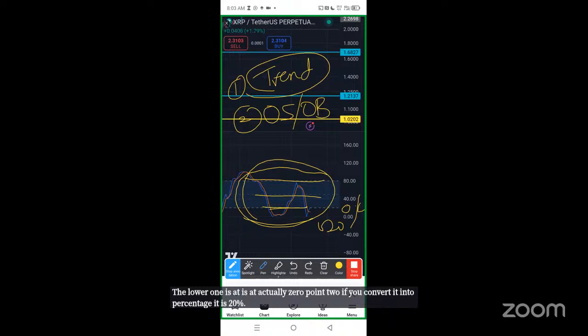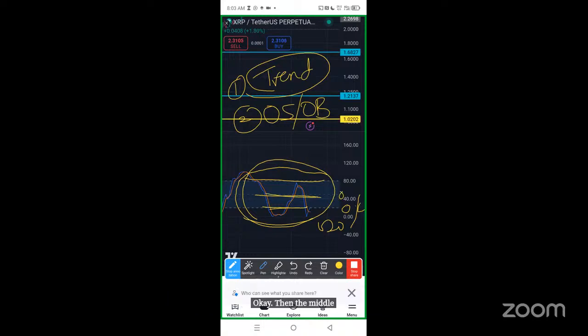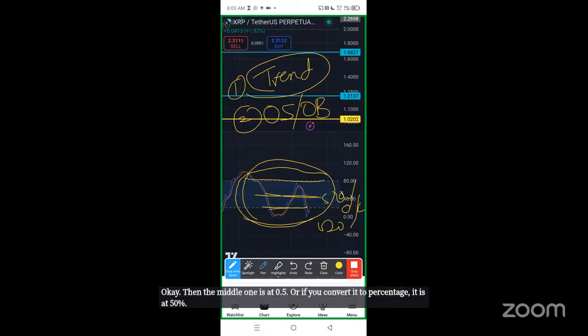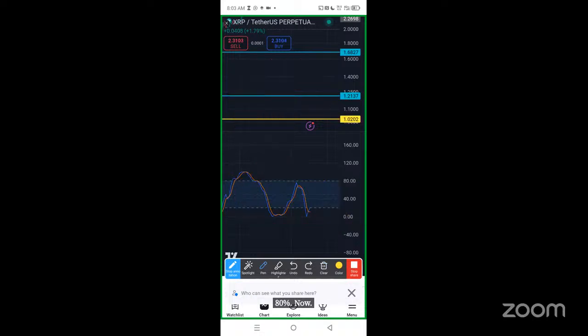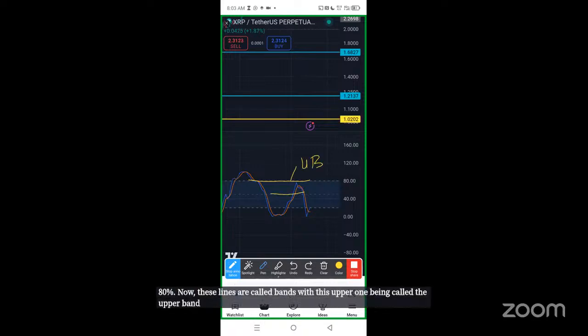Then the middle one is at 0.5, or 50%. Then the upper line is at 0.8 or 80%. Now these lines are called bands, with the upper one being called the upper band, the middle one the middle band, and the lower one the lower band.